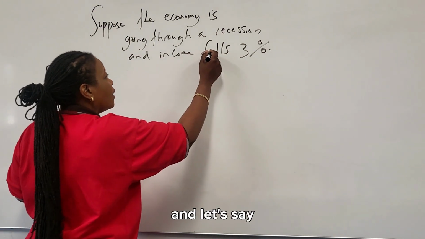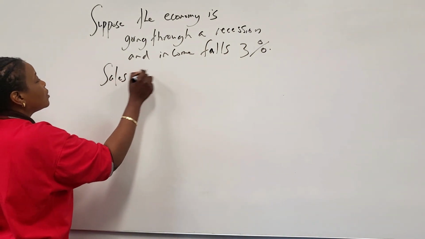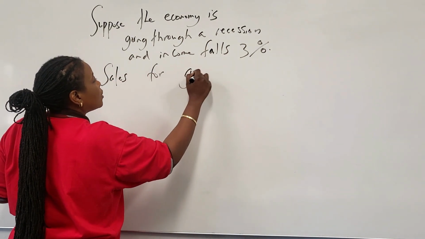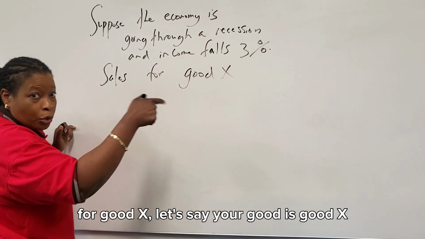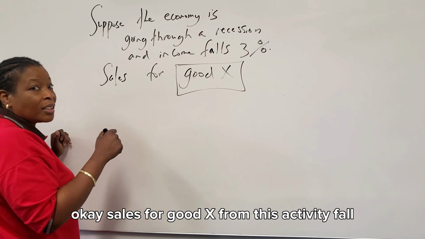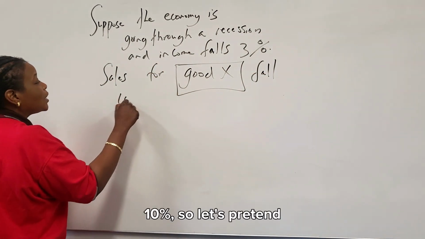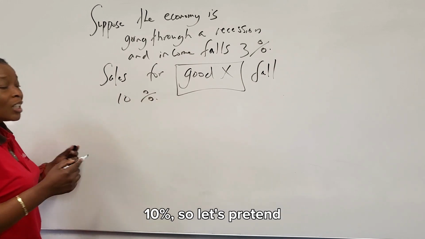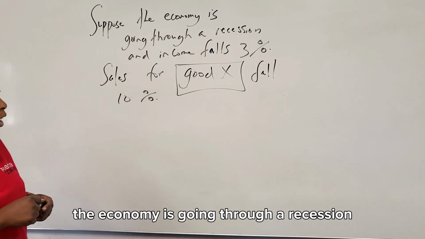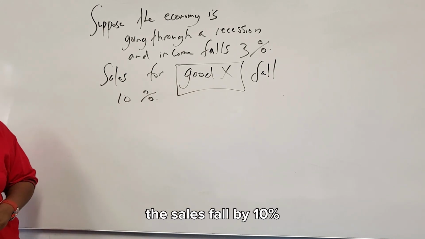And let's say sales for good X. Let's say your good is good X. Sales for good X from this activity fall 10%. So let's pretend the economy is going into a recession and the good you're selling, the sales fall by 10%.